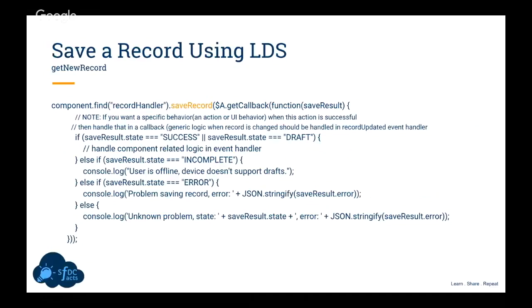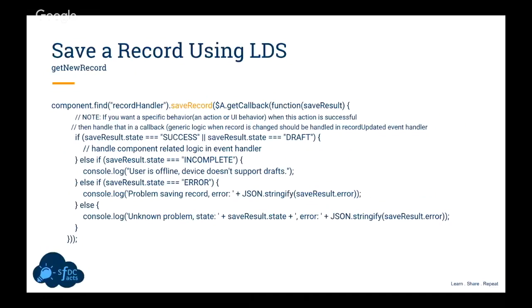Still your lightning framework will hold the value on the client side, and as soon as you get the internet connectivity, it will push those changes to the server side. But in that case, you will get the state as draft because it has not been saved on the server yet, it already exists on the client side. But if it is success, that means the record has been saved successfully on the server side.